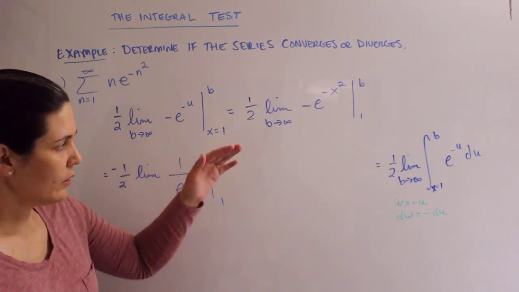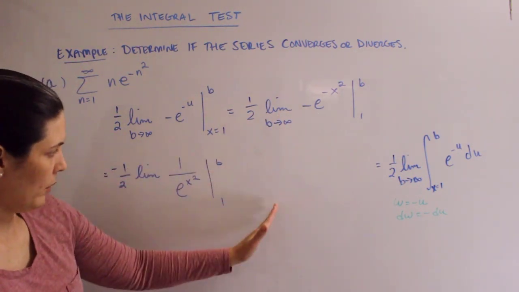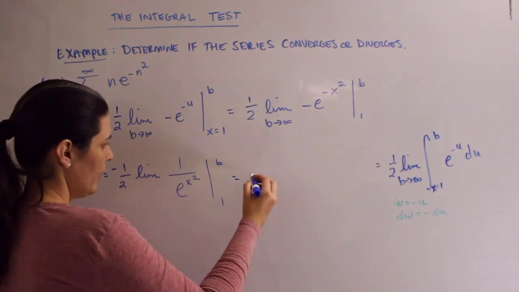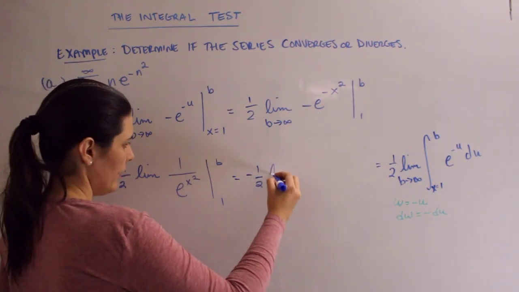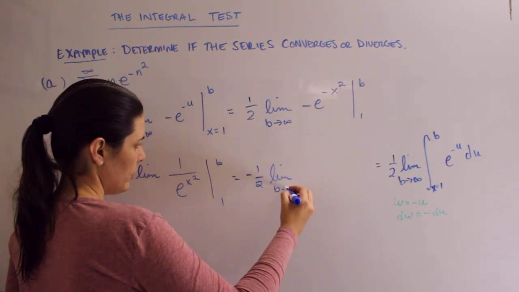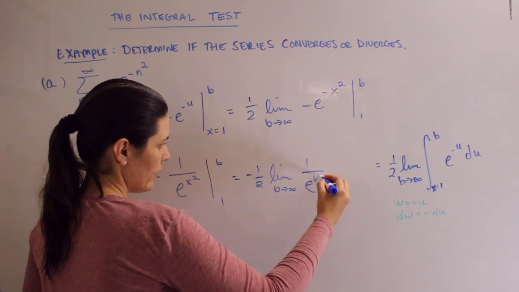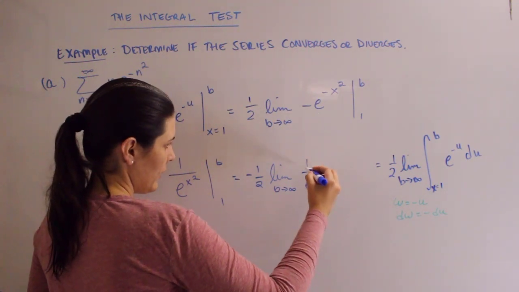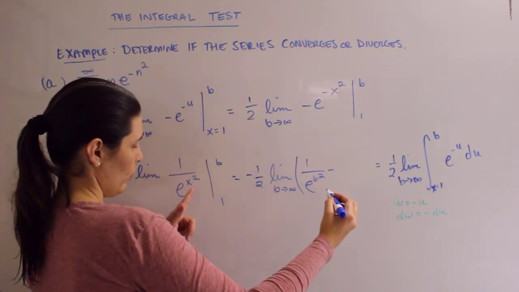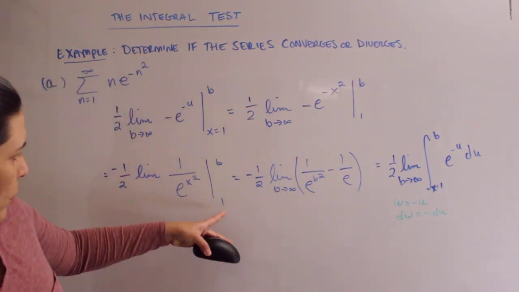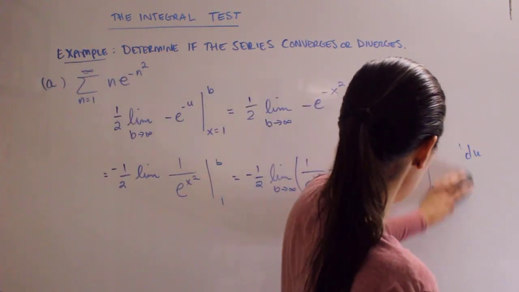I'm just showing every single step, but feel free to go from here to the next step if you're able to. So negative 1/2, our limit, b goes to infinity, of 1 over e to the b squared minus, that's going to be a 1 there, 1 over e, because we plugged in 1 and squared it for that exponent.